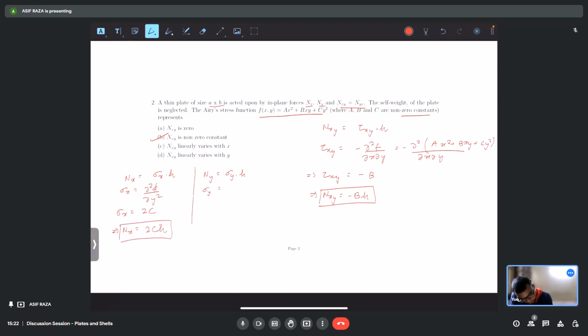Sigma y is del square phi by del x square, so sigma y would be equal to 2a, and Ny would be 2a h. So if we see all the values, we find that these in-plane forces are all constant values. Okay, now let's move on to the next question.